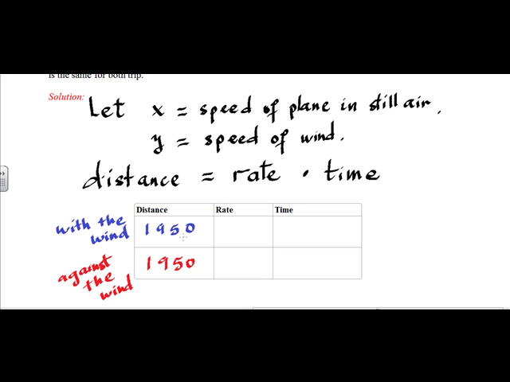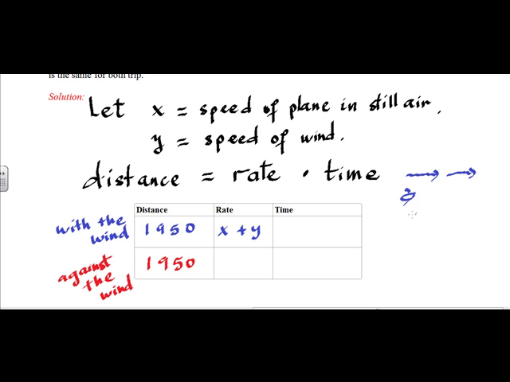Now, when you go with the wind, we have the speed of the plane and the speed of the wind. And we go with the wind, so the direction of both is the same. So it should be x plus y. Imagine you have a plane, and here is the current of the wind.